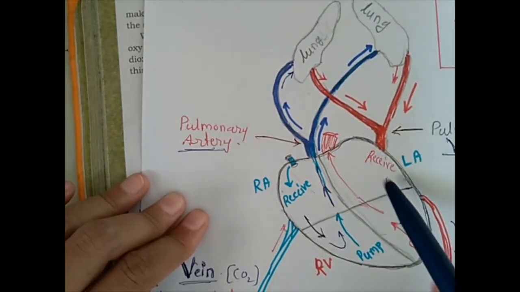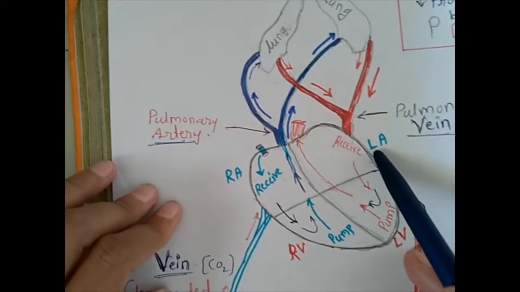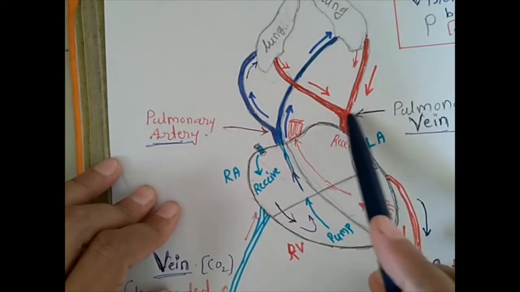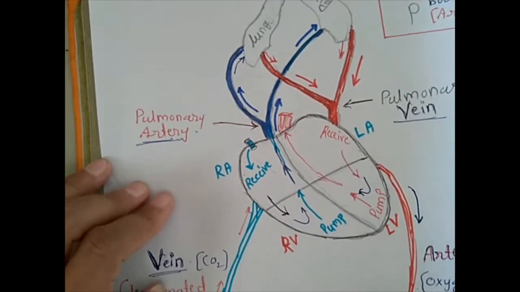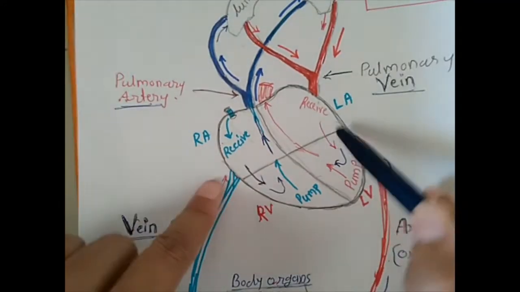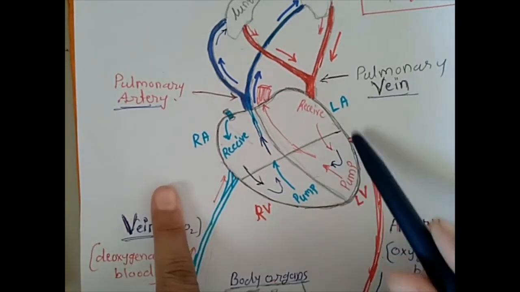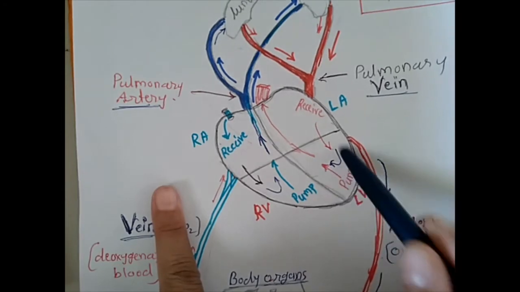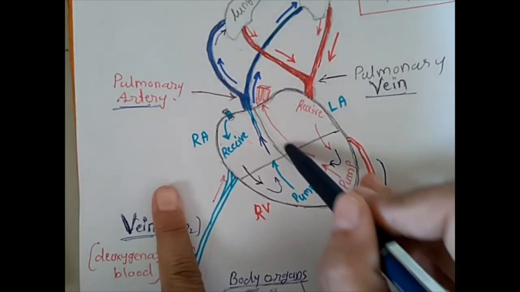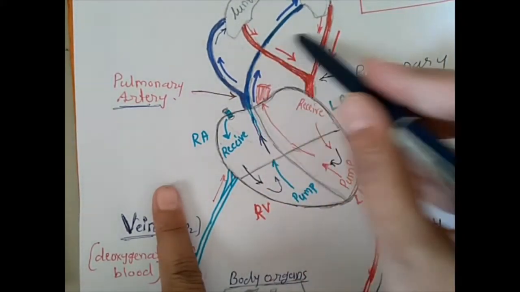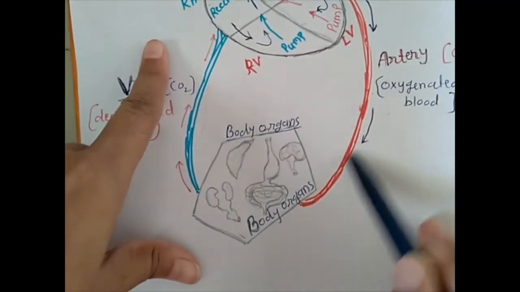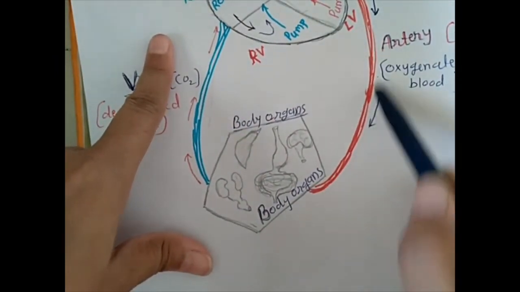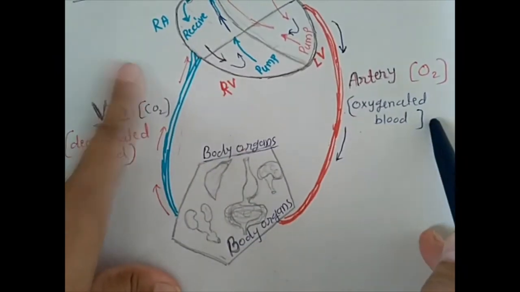Then blood with oxygen is again received by the heart, in the left auricle, through the pulmonary vein, and again through the wall, it comes inside the left ventricle, and from the left ventricle it gets pumped out of the heart through the artery. Again our body organs receive oxygenated blood.